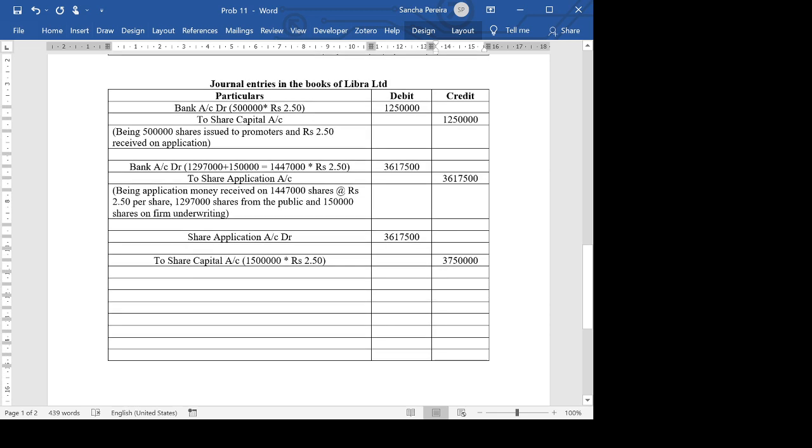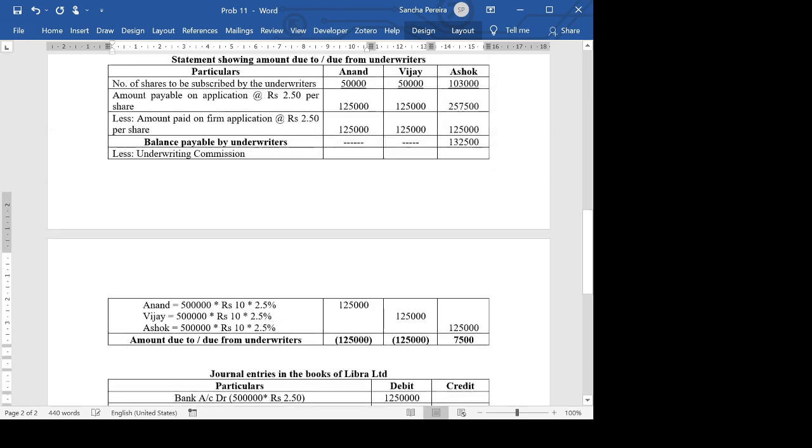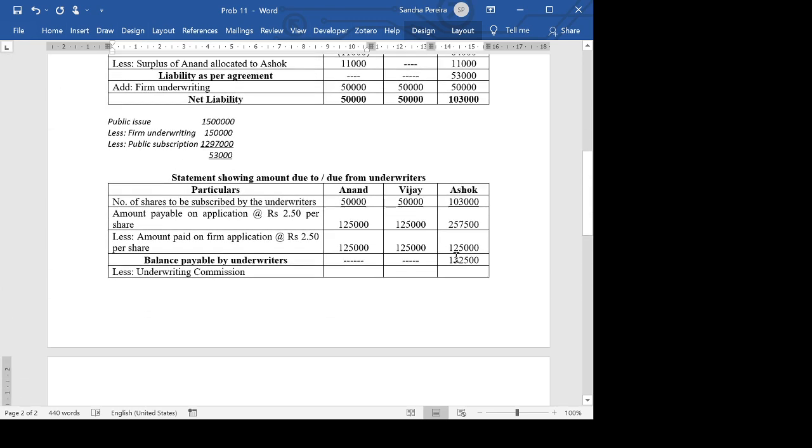So if you add 1,32,500 to this, it should come to that. Yes. 1,32,500 are the balance shares that nobody took up, those 53,000 shares, which is going to be taken up by Ashok.